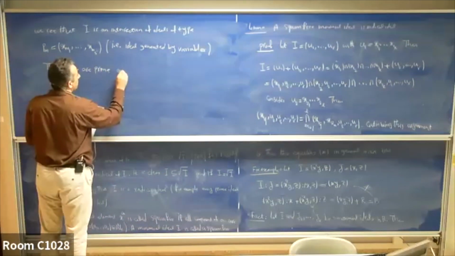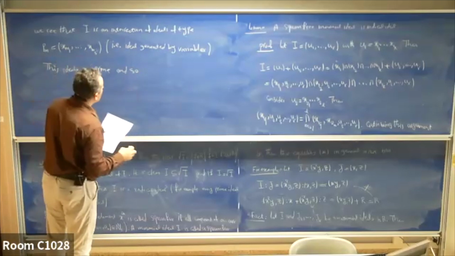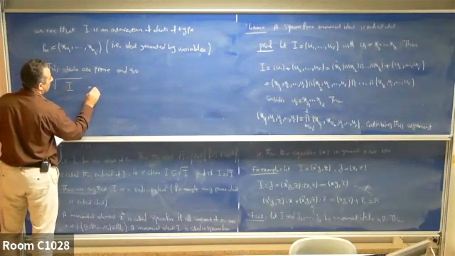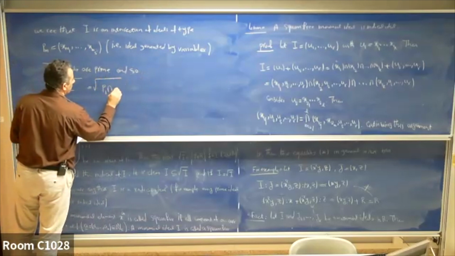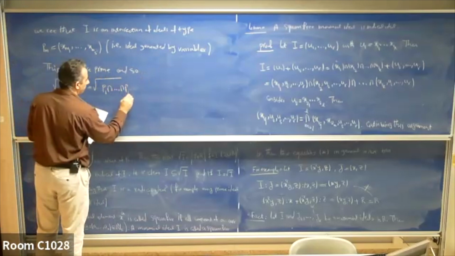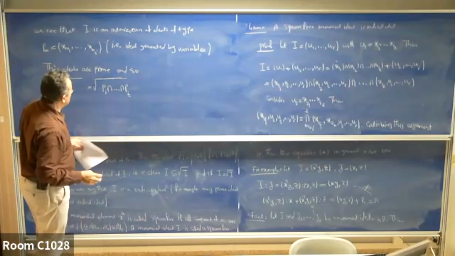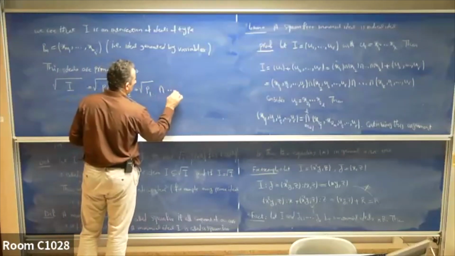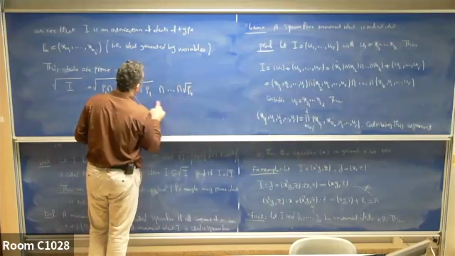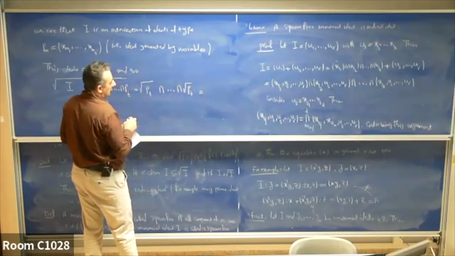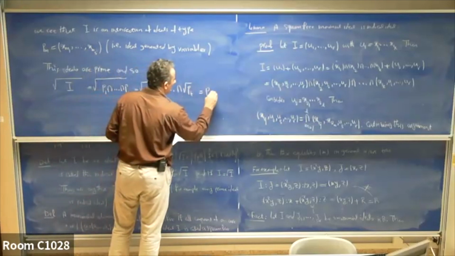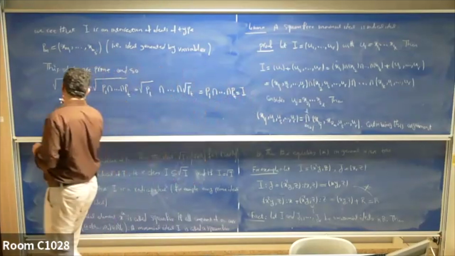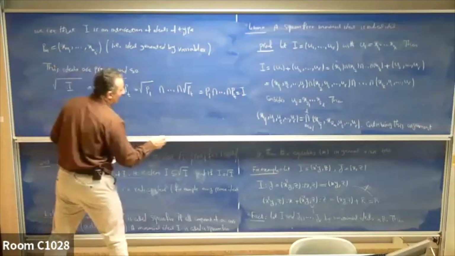And so the radical of I is equal to, for example, P1 intersection ... intersection Pt, since this ideal is a radical ideal, and this is I. So the radical of I is equal to I. So I is a radical ideal.